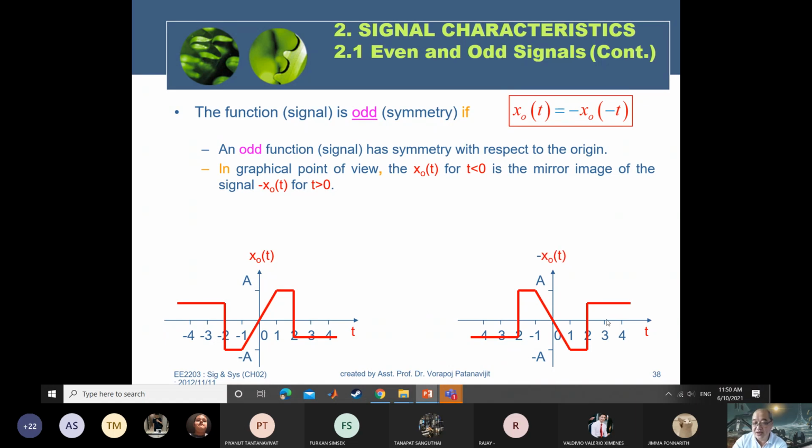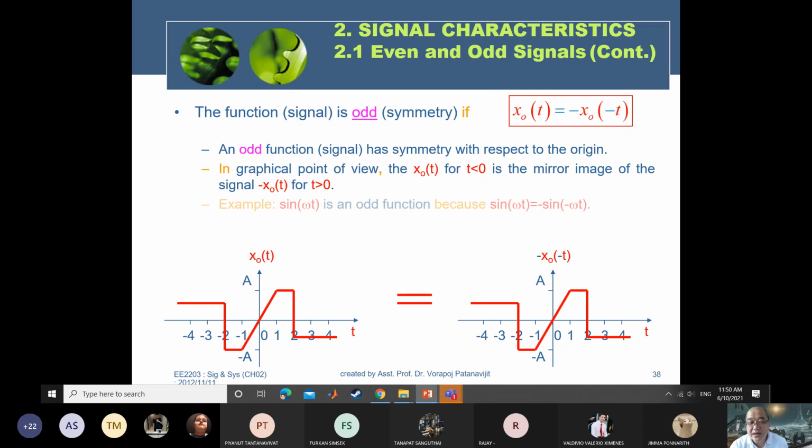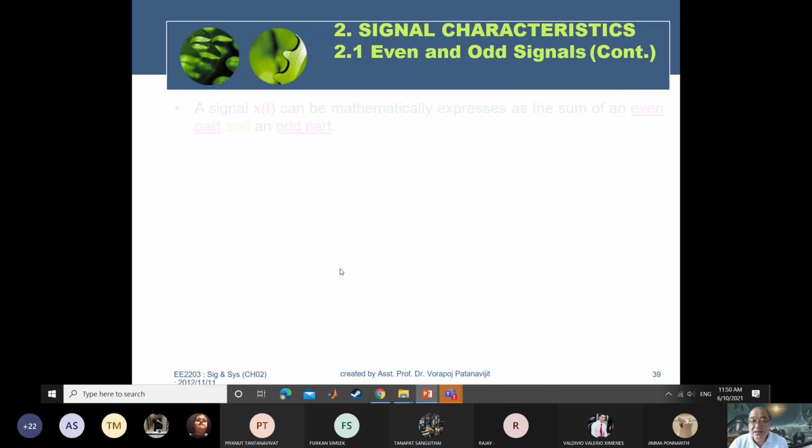This is the amplitude reversal. The next step, you determine the time reversal of the result. If the result is identical to the original signal, we can conclude that the signal is odd. In this case, sin(ωt) is an odd function because sin(ωt) equals -sin(-ωt). You can show that.